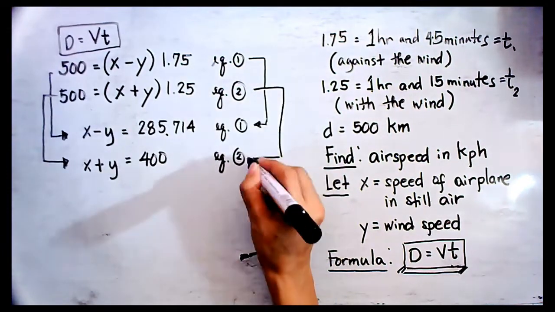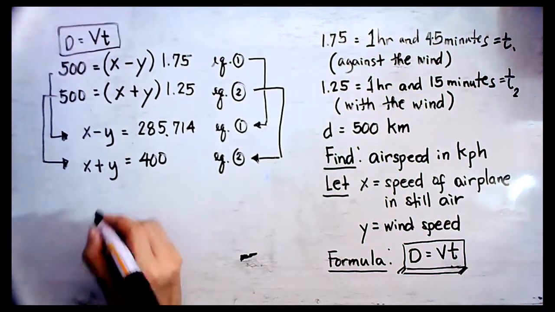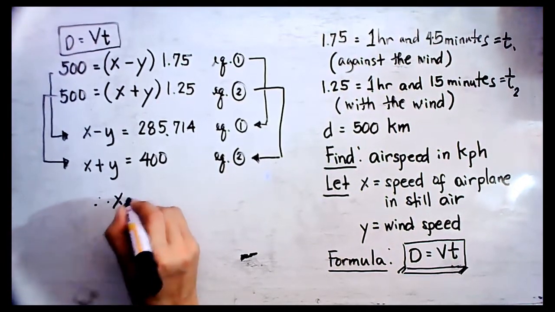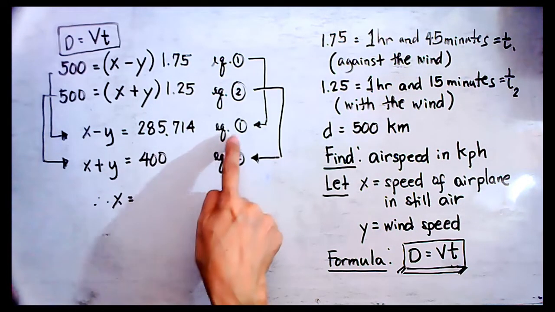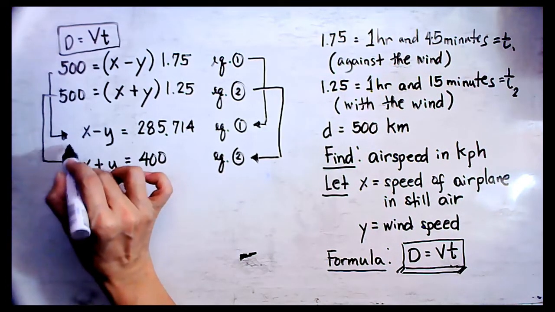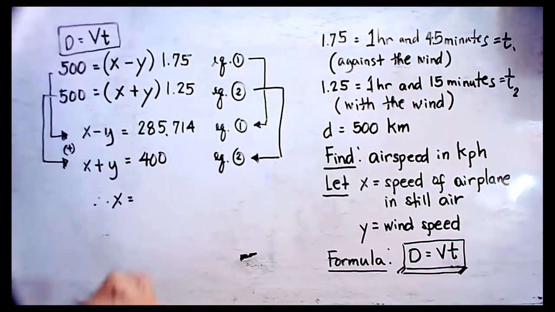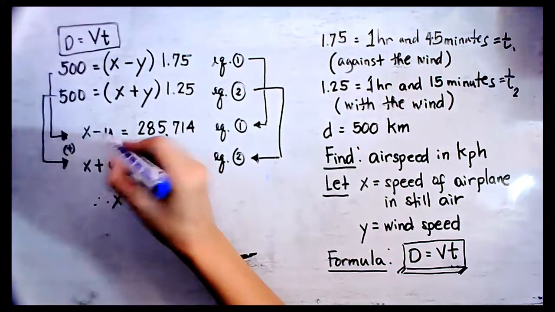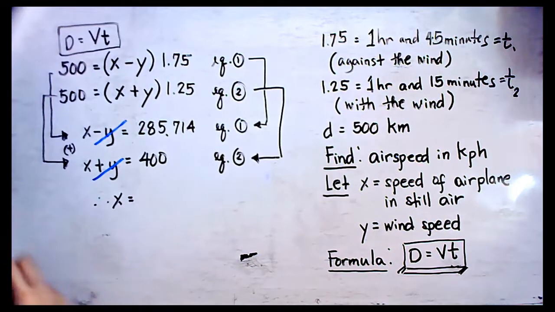With these two equations, we can solve for the value of x. So if we are going to solve equation 1 with equation 2, solving simultaneously, if you are going to add these two equations, the value for y will be canceled out, and the value for x will be determined.